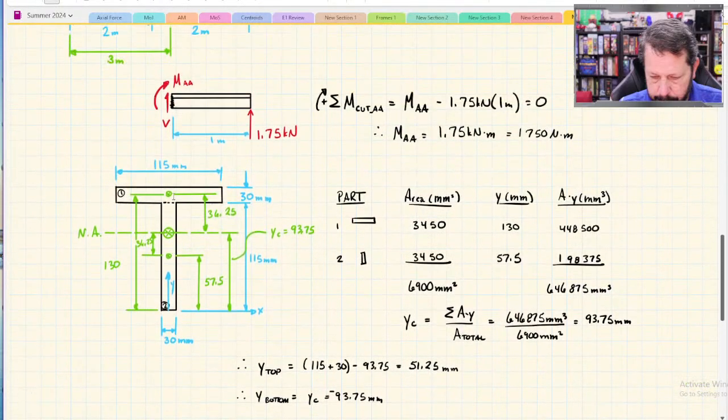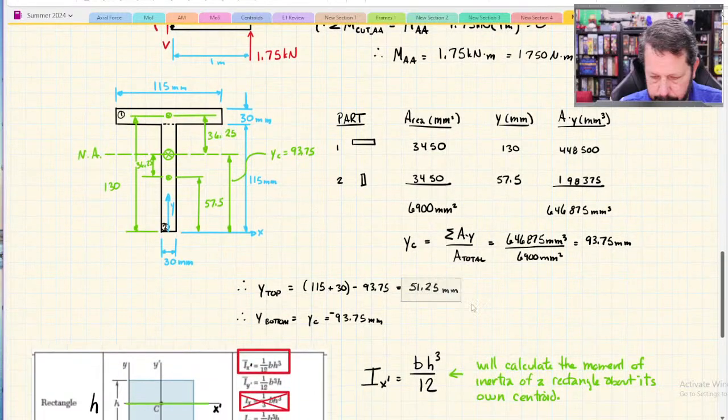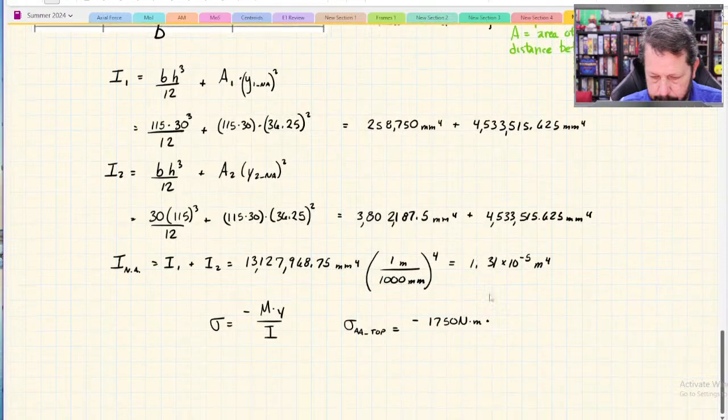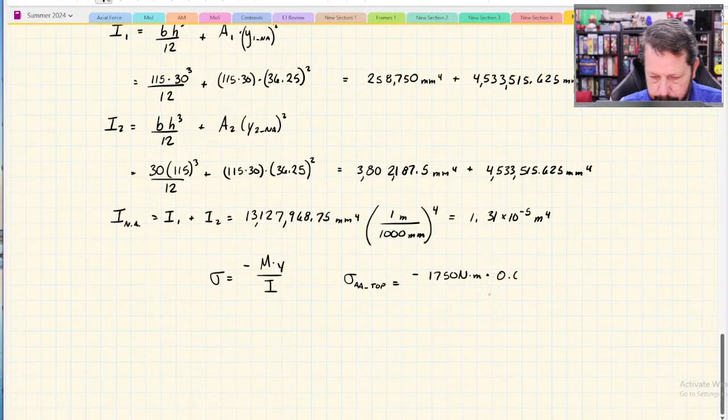That y to the top was 51.25 millimeters, so 0.05125 meters, over 1.31, I'm sure there's lots of rounding going on there, times 10 to the negative fifth meters to the fourth.